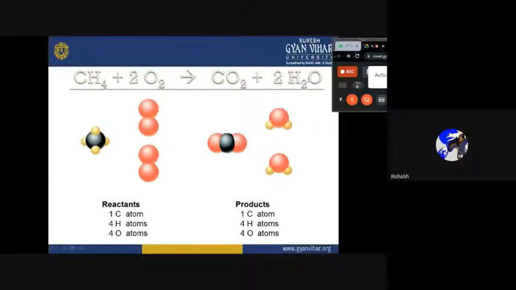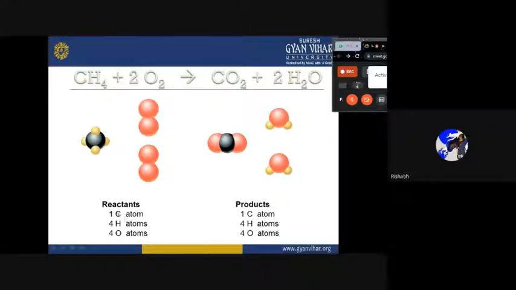So carbon on the product side is also having 1 atom, oxygen's 2 here and 2 here. So 4, which is equal to the number of atoms of oxygen on the left hand side, and the number of hydrogen atoms on the right hand side is 4. 2 into 2, 4, similar to the number of hydrogen atoms on the left hand side.